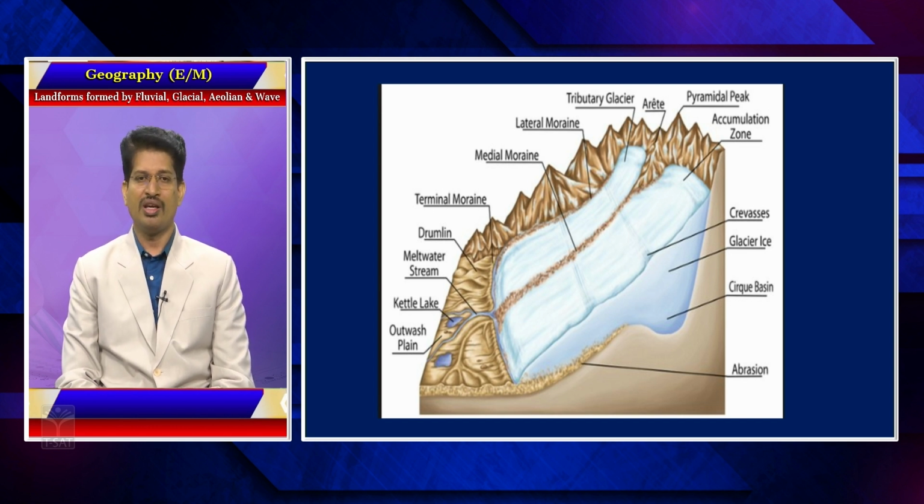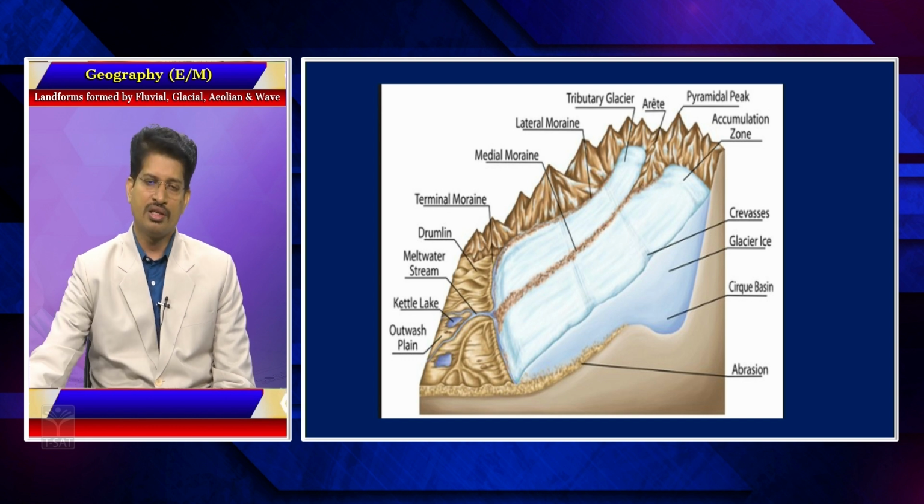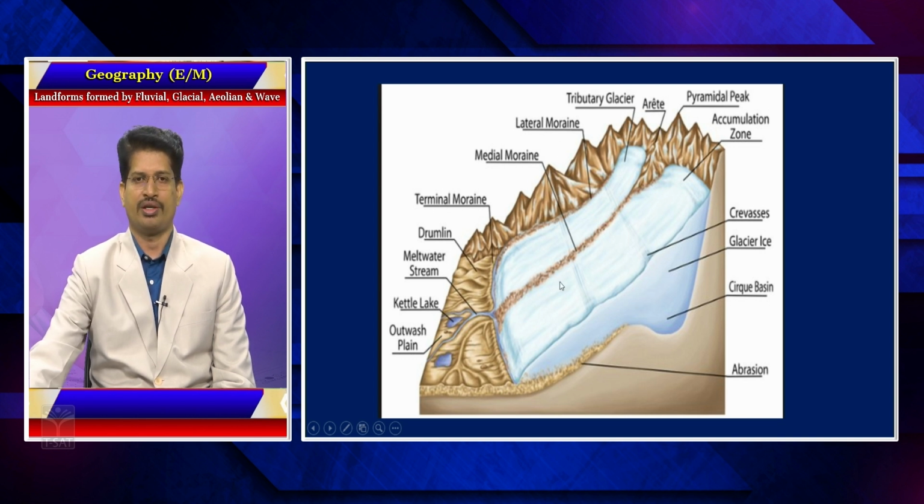So, moraine is angular. When this eroded material is on the lateral side, it is known as lateral moraine. When it is between the glaciers, it is known as medial moraine. End moraine or terminal moraine is at the end of the glacier. So, in this valley basin, the eroded material is carried away by the moving glacier, and is classified as lateral, medial and terminal moraine.